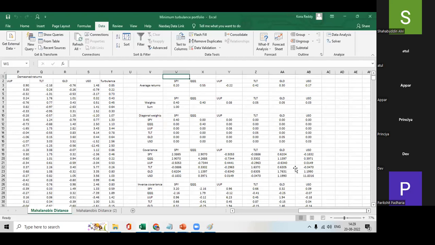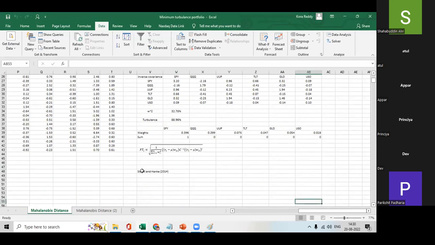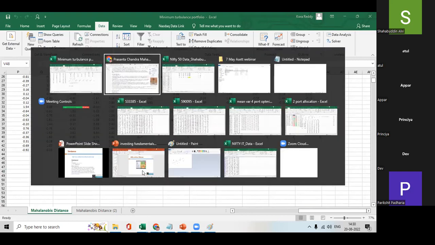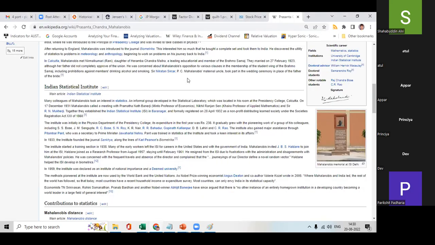I will dig up this paper and send it to you guys. These are the guys who said you can apply that particular Mahalanobis distance, or minimum turbulence as it's called, to financial markets. And that's the first time I've seen that paper.